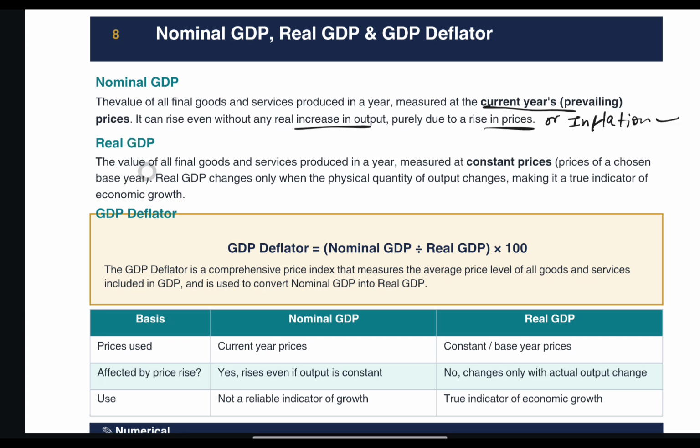And real GDP is the value of all final goods and services produced in a year measured at constant prices of a base year. Real GDP changes only when physical quantity changes, so it is a true indicator of economic growth. So nominal GDP is at current value and real GDP is at base price.